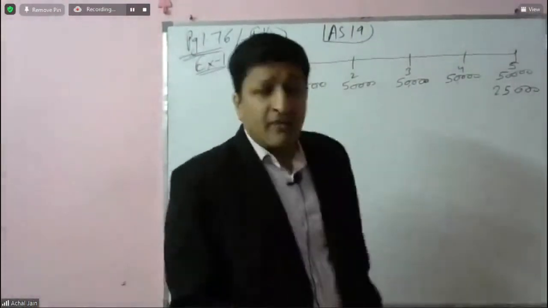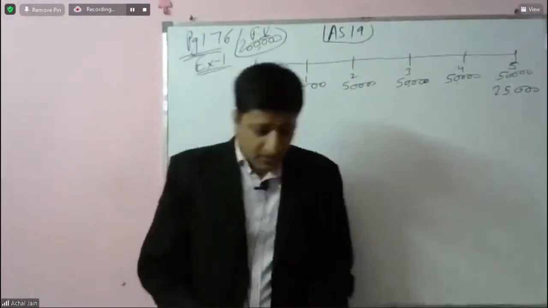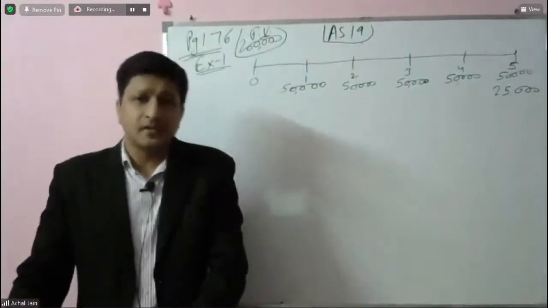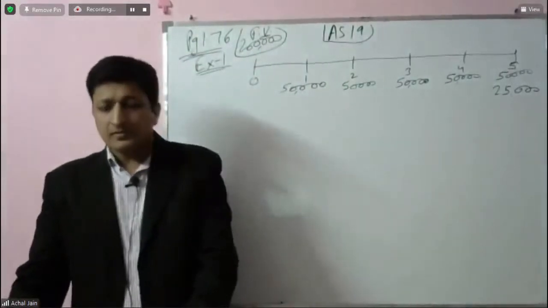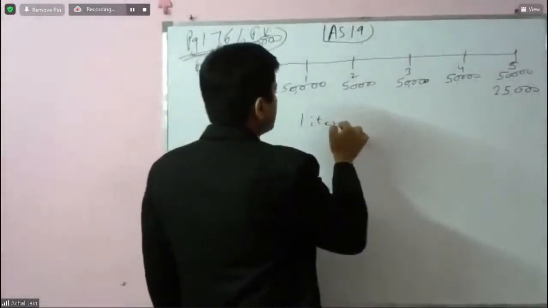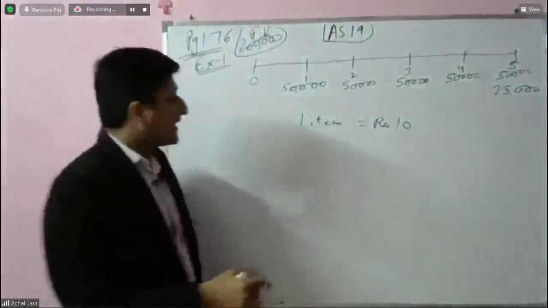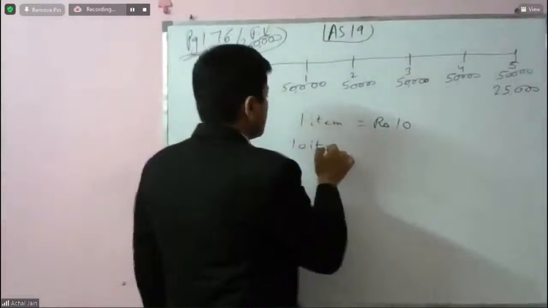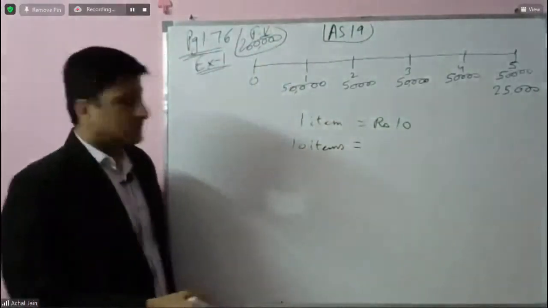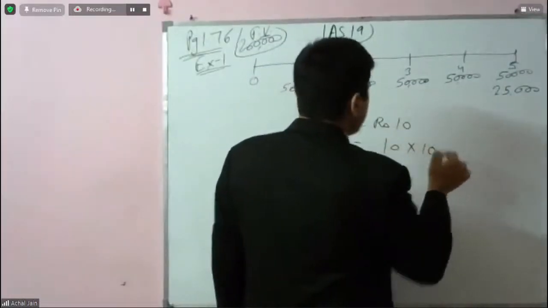Now, I'll have to go back to our school. In the school, if you remember, you would have read Unitary method. You remember? If one item is of rupees 10, then 10 items will be of how much value? 10 into 10.